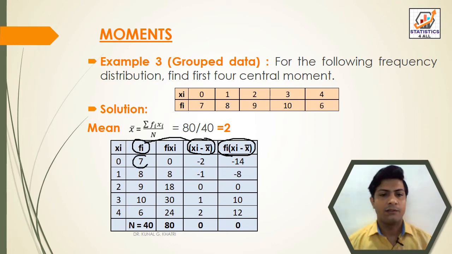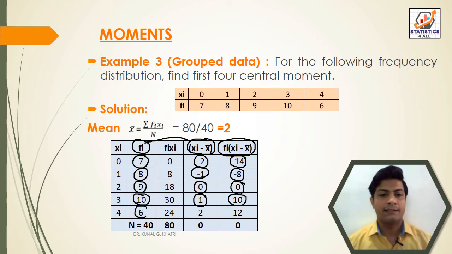So 7 into minus 2 is equal to minus 14. 8 into minus 1 is equal to minus 8. 9 into 0 is equal to 0. 10 into 1 is equal to 10.